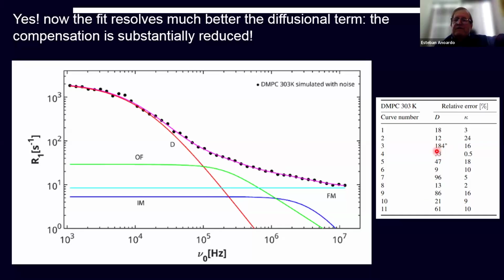That means that the engine is trying to look for the solution outside the interval where the diffusion constant should be. Okay, but if we measure up to 30 kilohertz, we will have many of them that will fail.